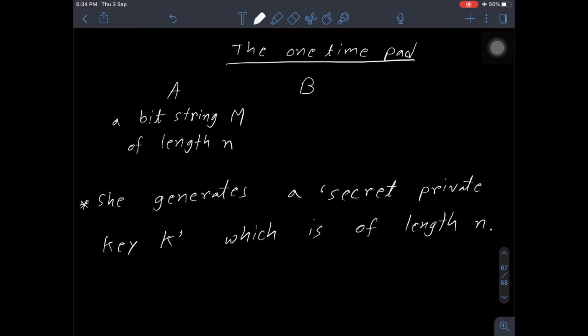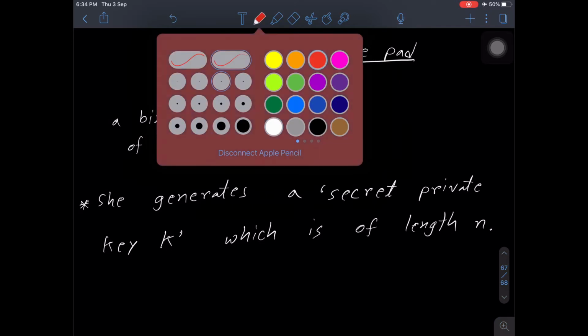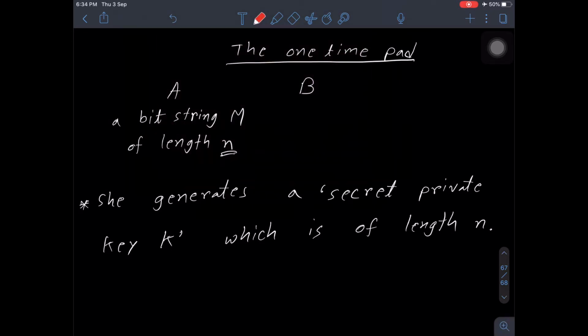So the thing to notice here is that I have a message which is of length n, and my secret key which I generate randomly.